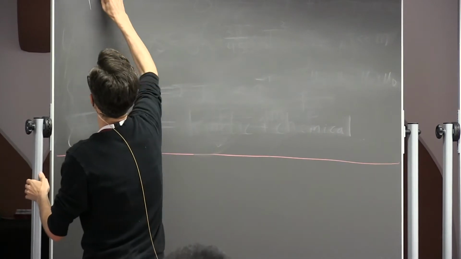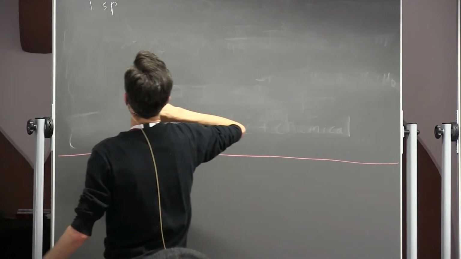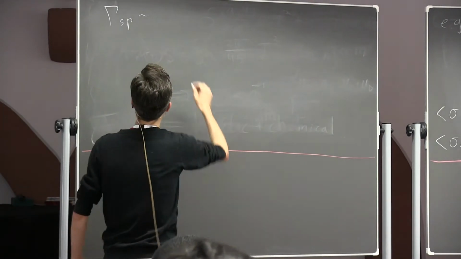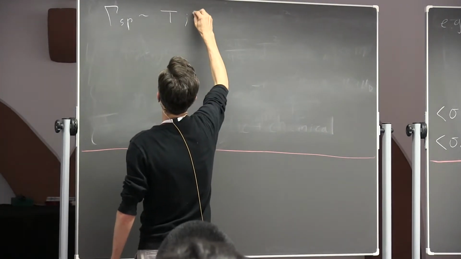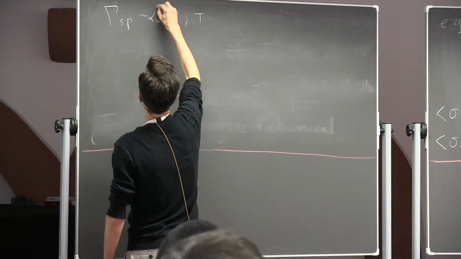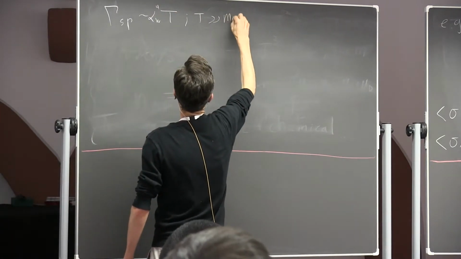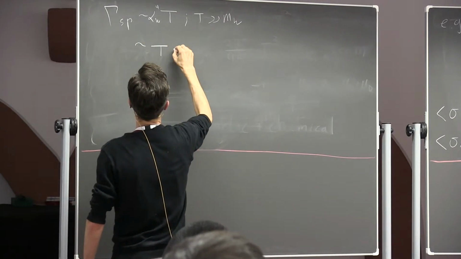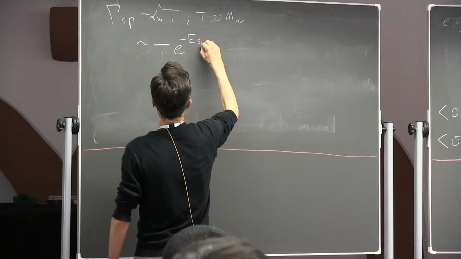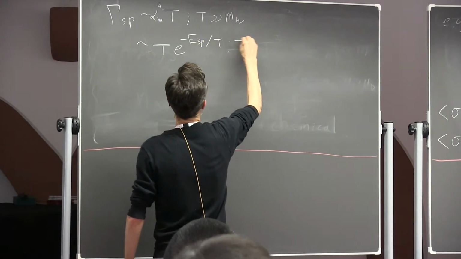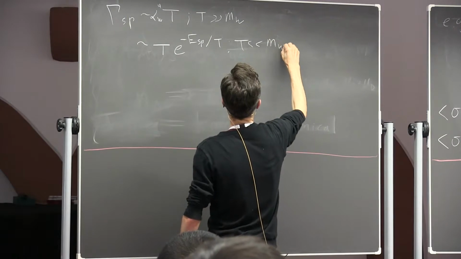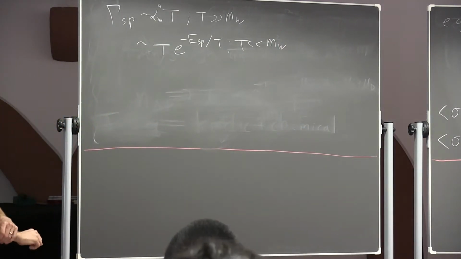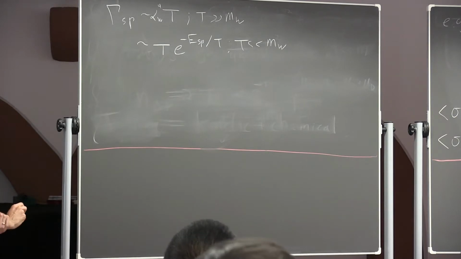If you recall, the effective rate for Sphaleron transitions, before I had the rate per unit volume, if I normalize this to just the rate, not the rate per unit volume, my Sphaleron rates look something like this.